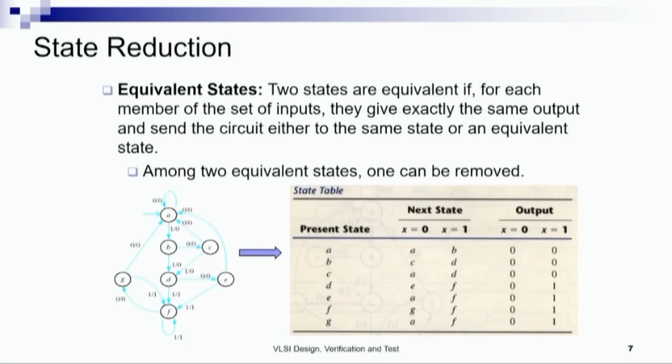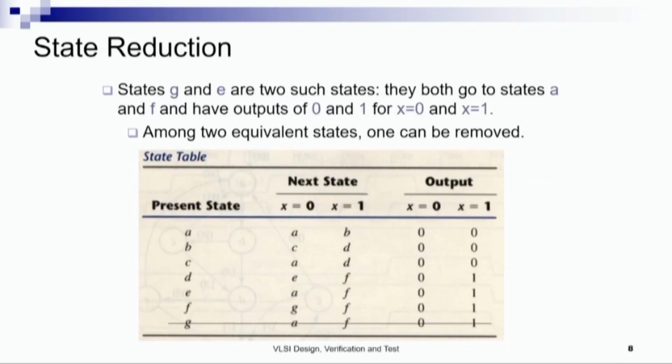In this FSM that we have, we obtain the corresponding state table first. Here there are 2 states G and E which are equivalent. And why are they equivalent? Because for both these states, when the input is x equals to 0, they go to the same next state A. When the input is 1, on the other hand, they go to the same next state F. When the input is x equals to 0, both of them produce the same output.